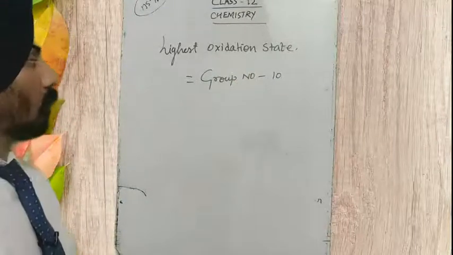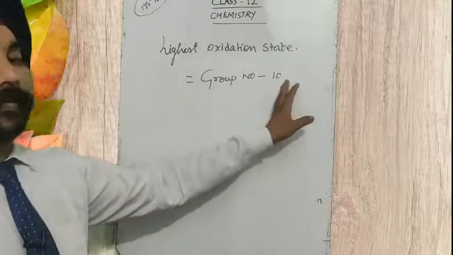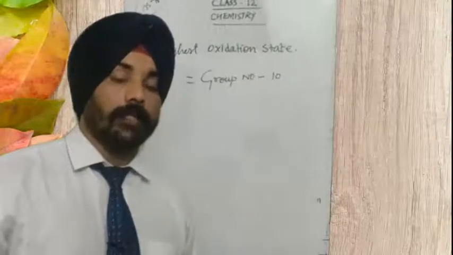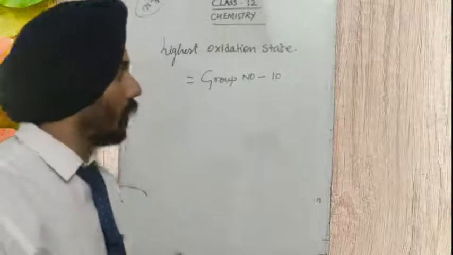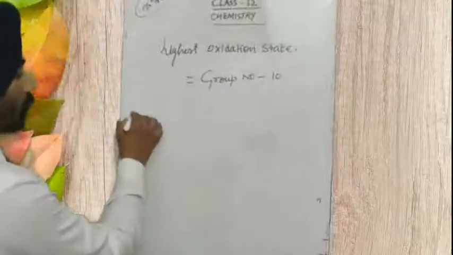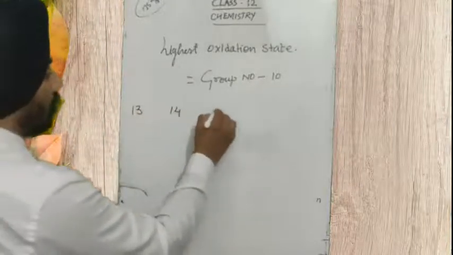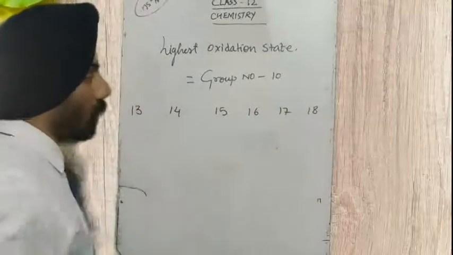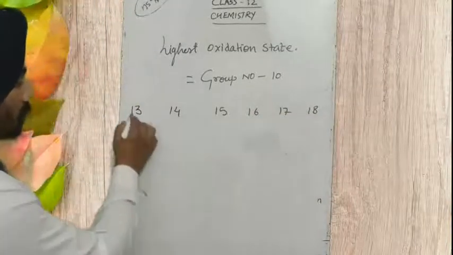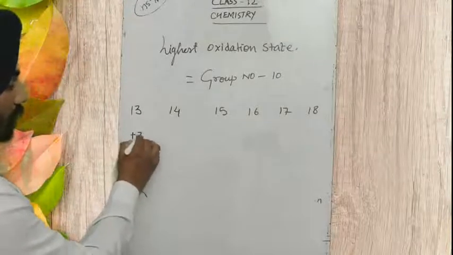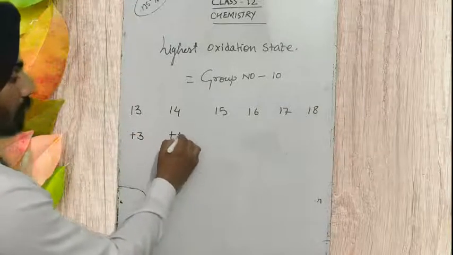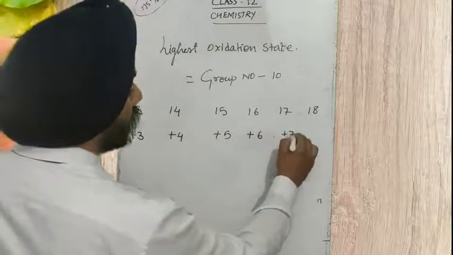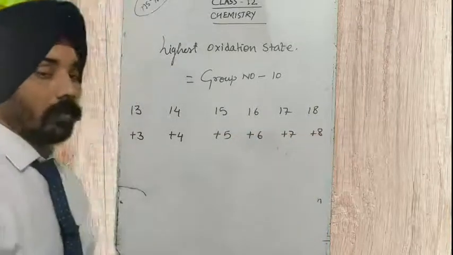If the group number is subtracted from 10, whatever number is left will be the highest oxidation state of the group. Like we have group numbers 13, 14, 15, 16, 17 and 18. So what should be the higher oxidation state of group number 13? That must be +3. It must be +4, +5, +6, +7 and +8, and so on.